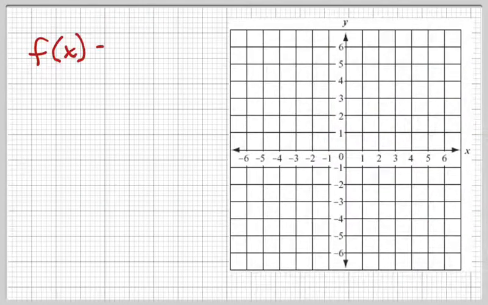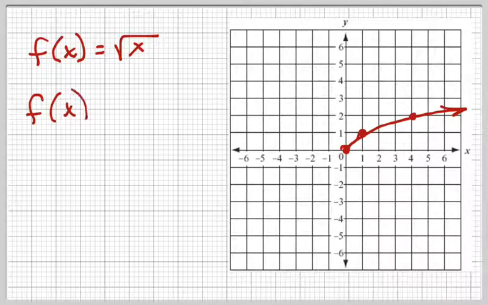Of course, we can do these things in combinations. Here's f of x again, root x, 0, 0, 1, 1, 4, 2, just like that. And now let's shift it to the right by 2, and let's shift it up by 3.